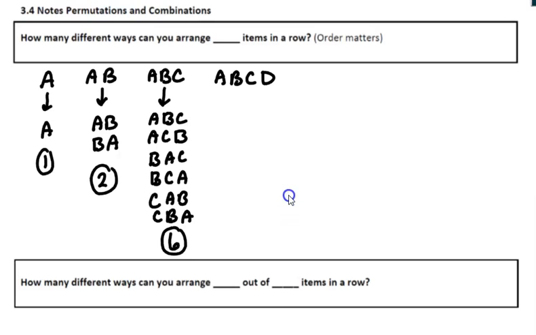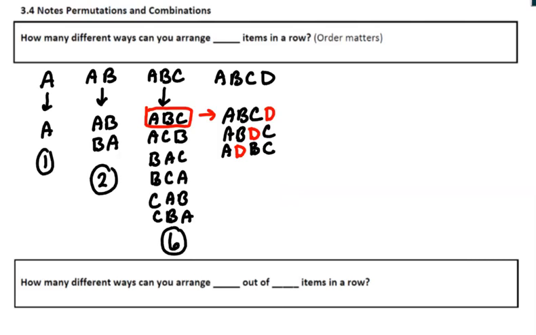So let's just look at ABC, and let's say I wanted to include D now. Where could I write the D? Well, I could write A, B, C and put the D at the end. Or I could say A, B, put the D next, and then put the C at the end. Or I could write A, put the D as the second letter, and then B, C at the end.